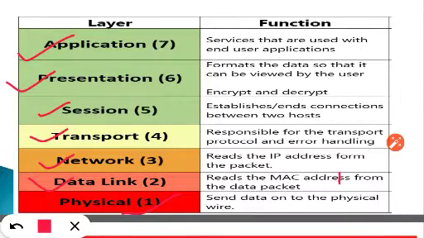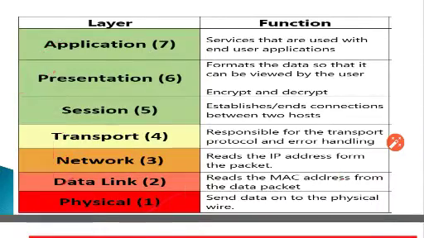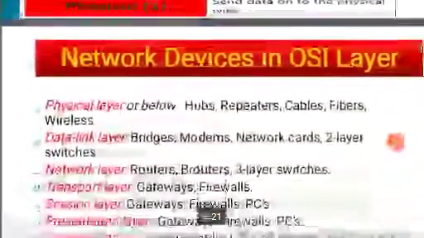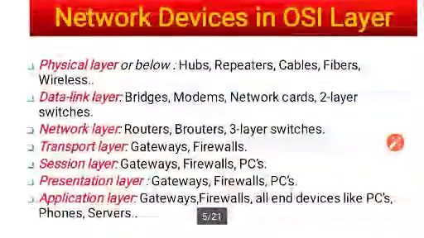Okay. So now we are going to learn what are the different network devices that we can use in different layers of OSI. Let us have a look.